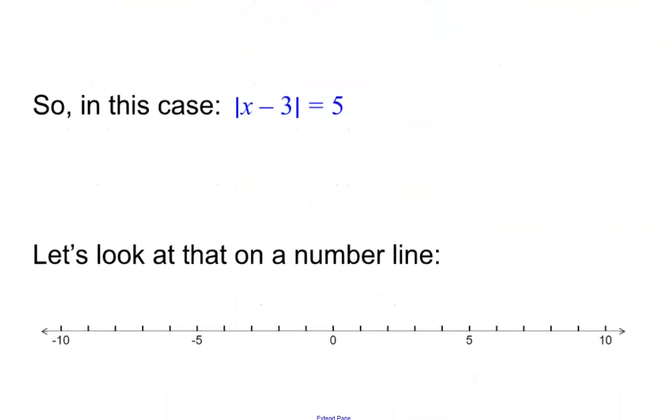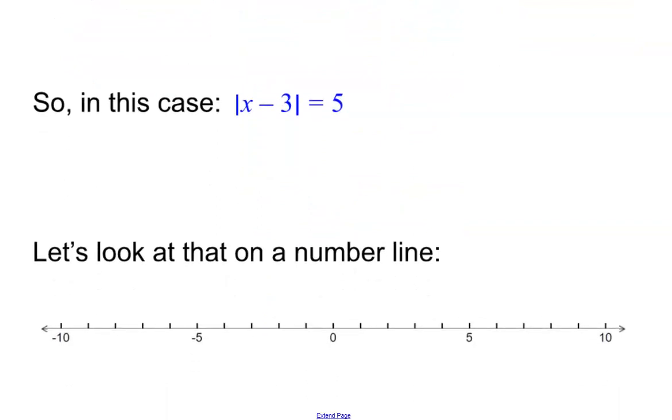Let's look at that on the number line. So we have a number line here. It's from negative 10 to 10. The distance from 0 is 5. So normally we think of it this way. We think 1, 2, 3, 4, 5.